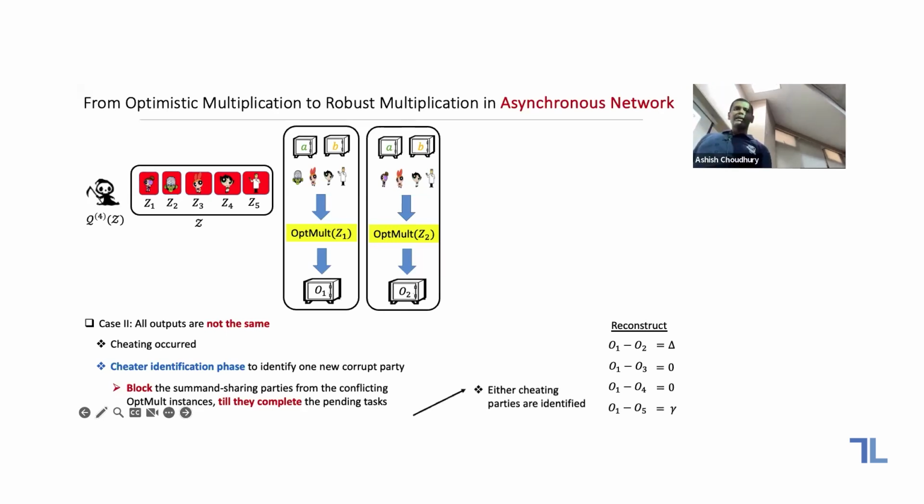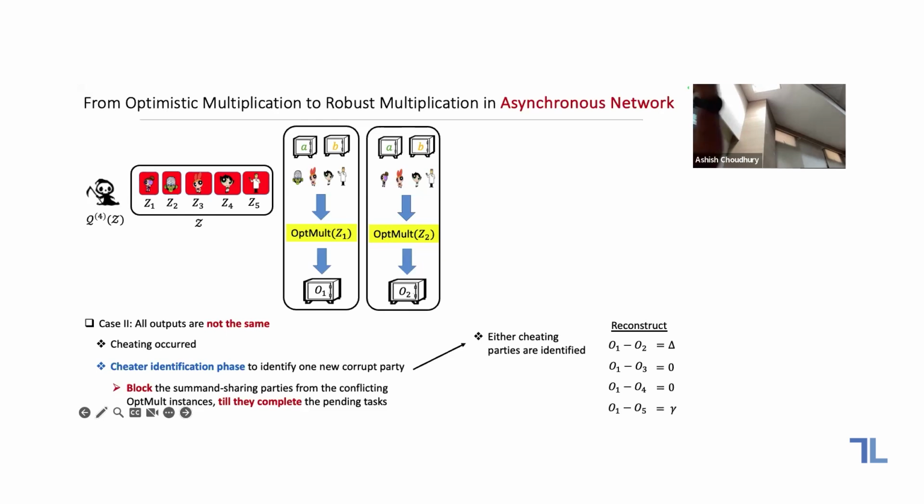The idea here is that the honest parties who are temporarily blocked in the previous failed iteration will be released because their part of the communication will eventually be over, because their messages will eventually be delivered and they will be marked as clear. Because the cheater identification guarantees that no honest party will be marked as a cheater. It's only the corrupt parties who will be marked as cheaters if they turn up.